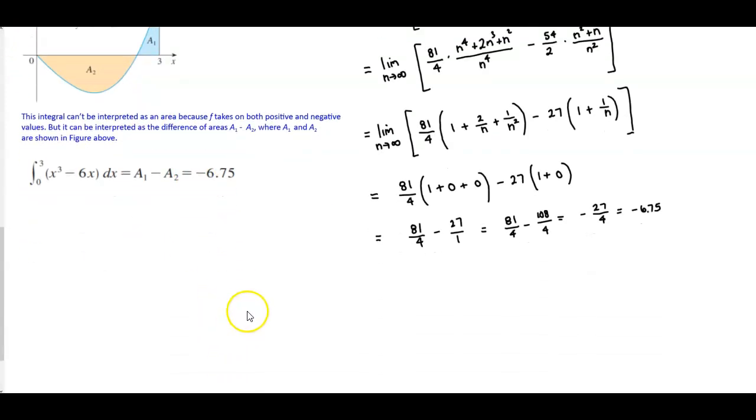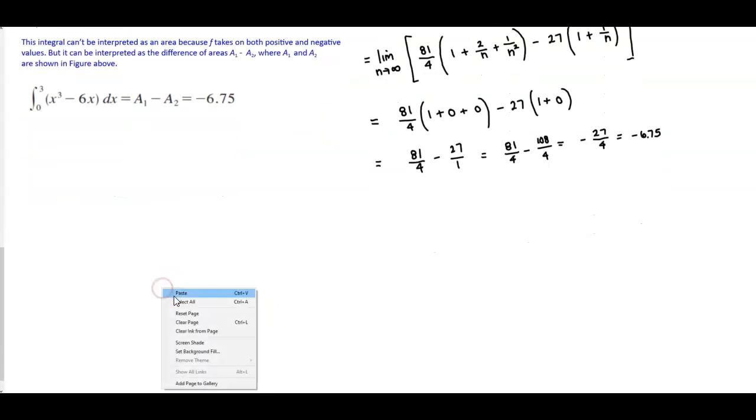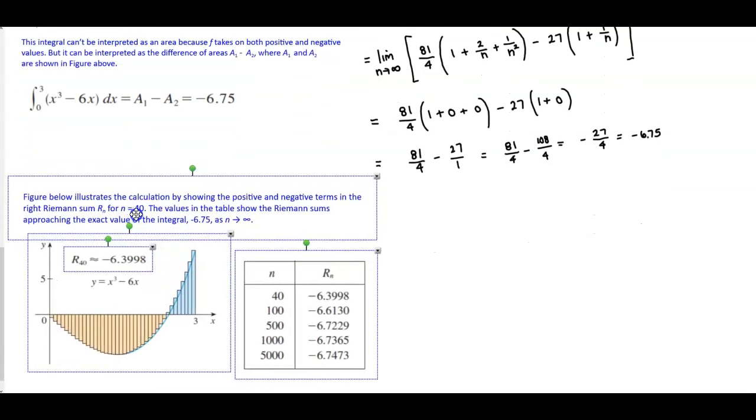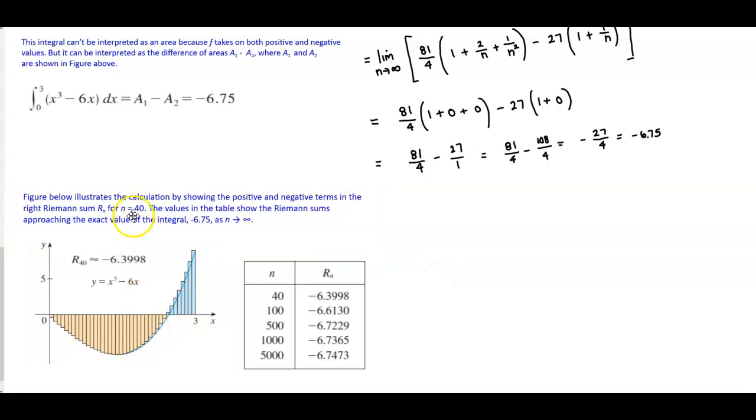Now, if we wanted to expand further on this example, we would look at the following. The figure below illustrates the calculation by showing the positive and negative terms in the right Riemann sum R subscript n for when n is equal to 40. The values in the table show the Riemann sums approaching the exact value of the integral, which is negative 6.75, as n approaches infinity.